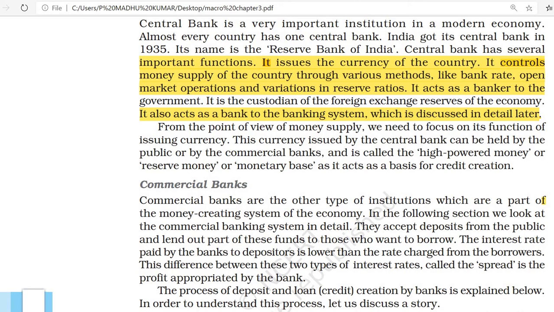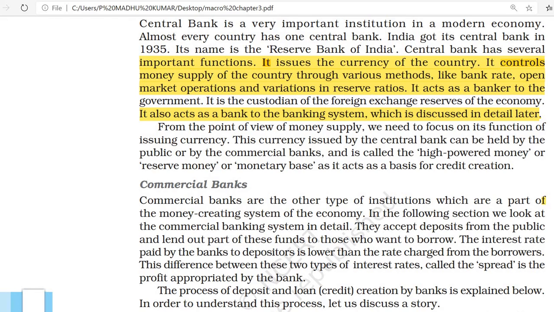It deals in money, accepts deposits and advances loans, deals in credit and has the ability to create credit. We know that when we take a loan, we take it from banks. It is a commercial institution that aims at earning profit. It is a unique financial institution that creates demand deposits which serve as a medium of exchange.